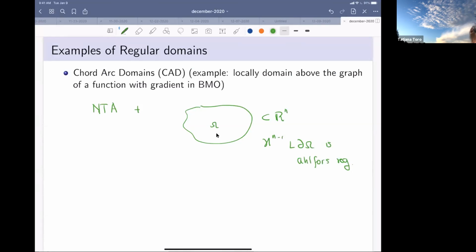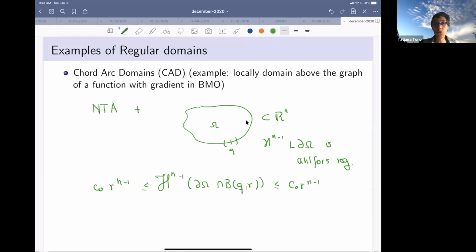Ahlfors regular means that there is a constant C_0 such that the measure of the boundary of omega intersected with every ball of radius small enough is comparable to r^{n-1}.